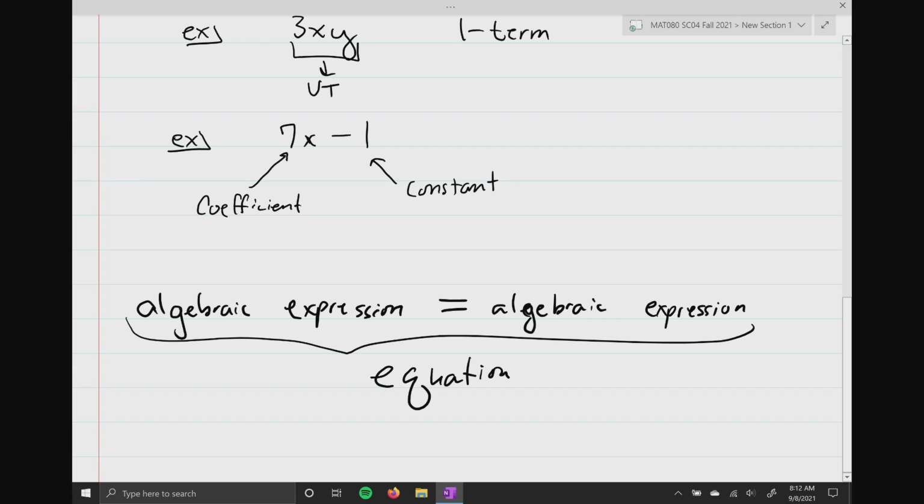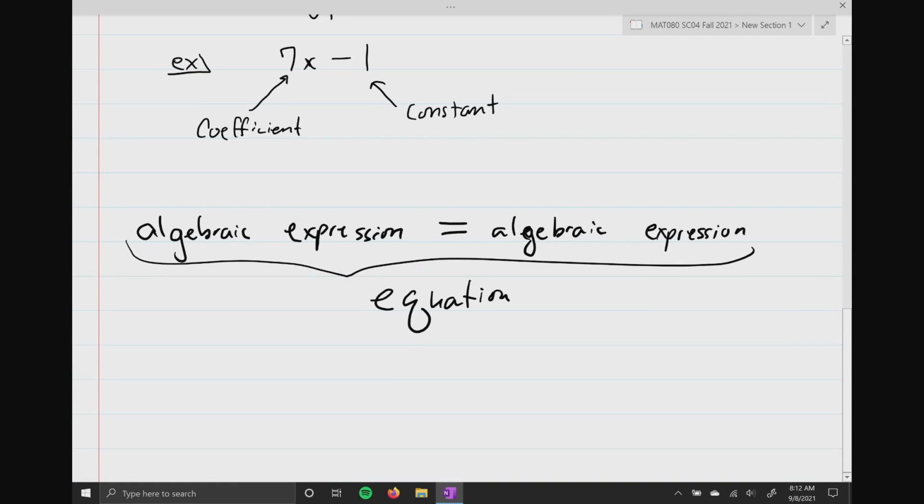Okay? Now, I know some of us have seen this before, and that's okay. But we tend to make a lot of little mistakes, because sometimes we forget the difference between an algebraic expression and an equation.